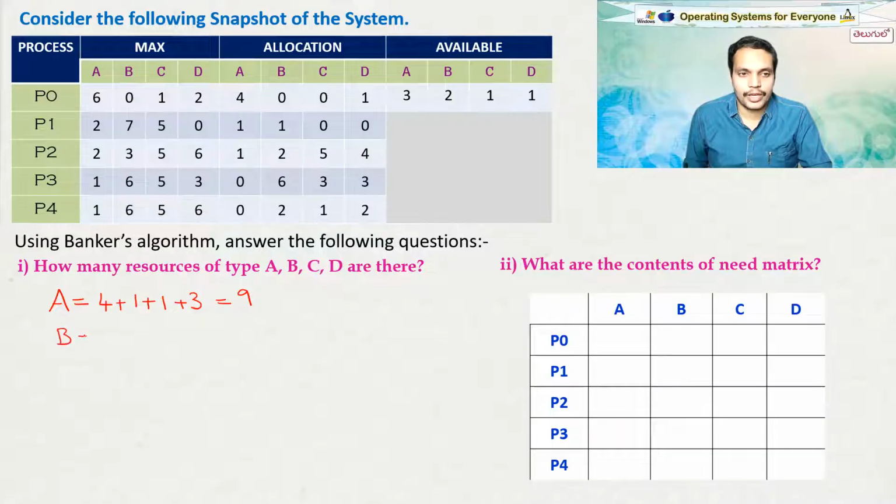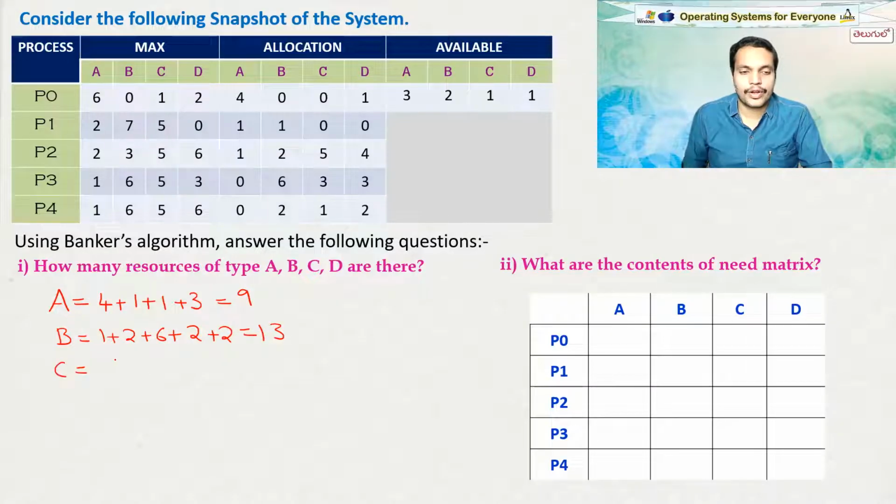Similarly, let me calculate for B. B: 1 plus 2 plus 6 plus 2 plus 2, which gives me 3, 9, 11, 13.